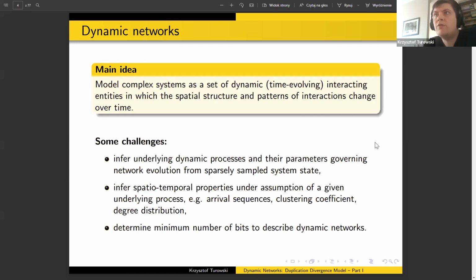And of course, since dynamic networks are used quite often to describe data such as I mentioned, social networks, biological networks, and these networks have tens of thousands, hundreds of thousands, millions of nodes, we often want to store them efficiently. So under the assumption that a graph comes from a certain model, we would like to be able to determine the amount of bits that we need to describe certain dynamic networks.